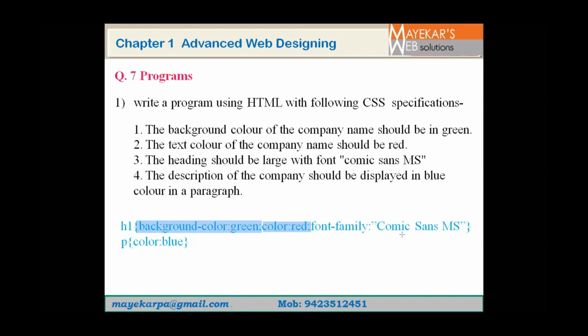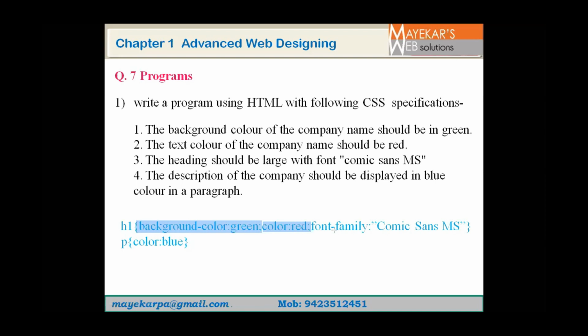If I remove the double inverted commas, then only Comic is assigned to font-family. But if you want to apply this whole value to this property, then you have to insert this whole value inside the double inverted commas. So this whole value is applicable to font-family.